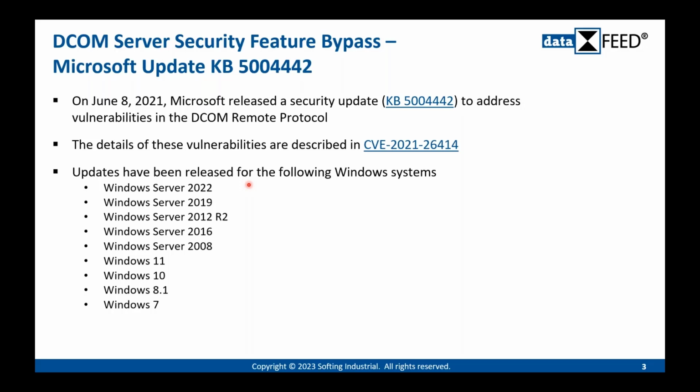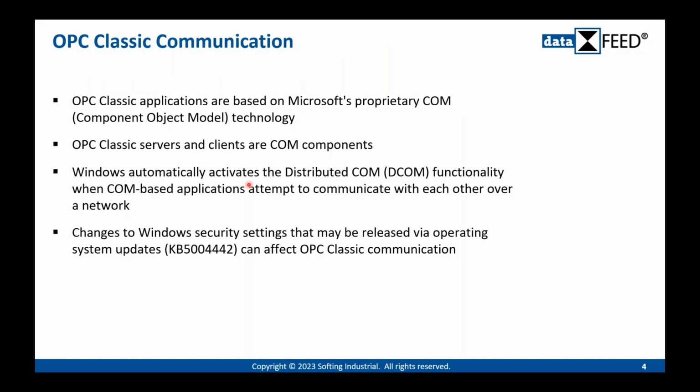From this point of view, I will come to some more technical details. OPC Classic Communication: the communication of an OPC server and an OPC client is based on a Microsoft proprietary technology, COM, which means Component Object Model. OPC Classic servers and OPC Classic clients are components. They are communicating via this Microsoft technology.